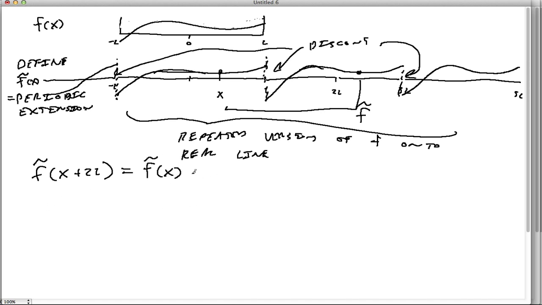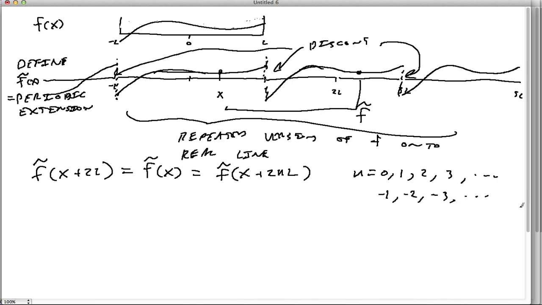In fact, we can even write this as f tilde of x plus 2nL equals f tilde of x, for n equal to 0, 1, 2, 3, and so on, but also -1, -2, -3, and so on backwards. Okay? So this is the periodic extension.